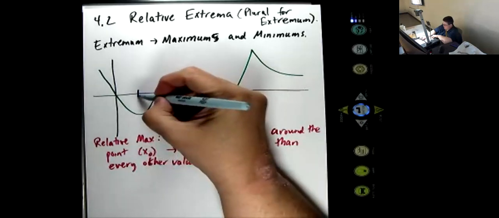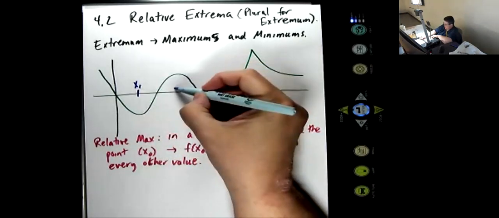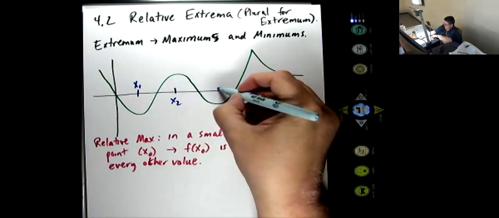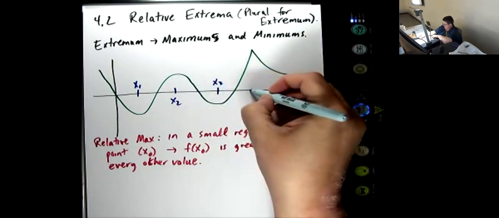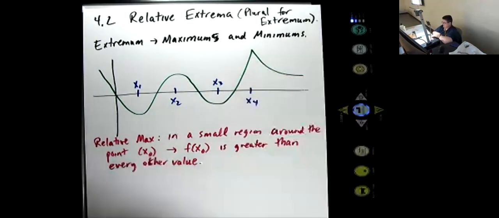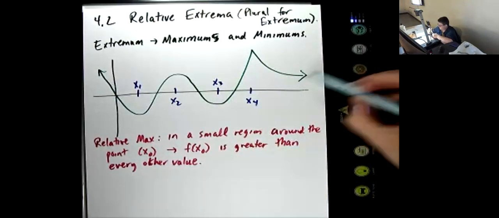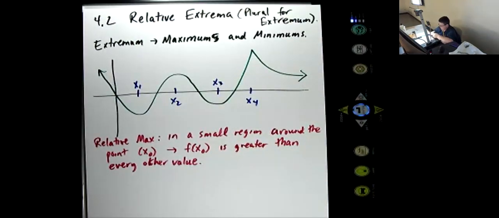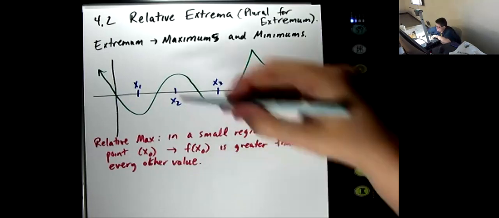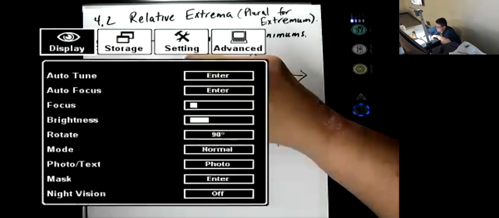I'm going to call this point x1, this is x2, this is x3, that's x4. With the graph going on, we're just going to talk about those regions for now. We have a relative max if I put a small window around each of these.